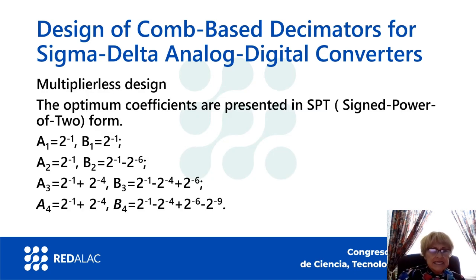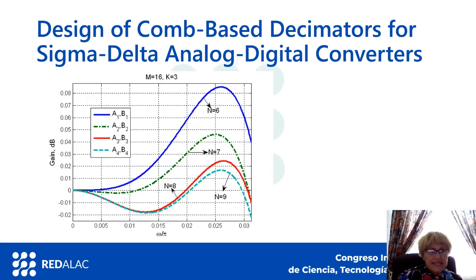In the multiplierless design, the optimal coefficients are presented in SPT form. We have four designs, which need a different number of adders. All four designs are illustrated in this figure with different colors.